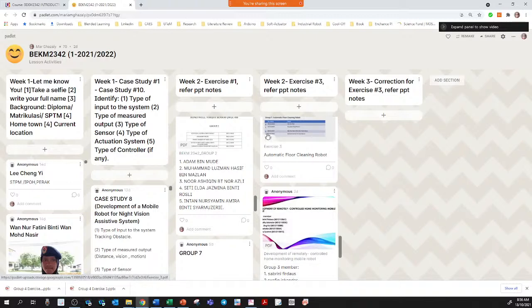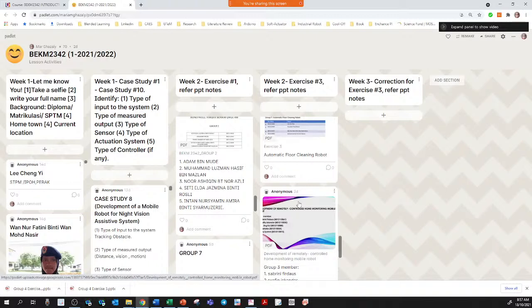So this is where you see in all the exercises. Exercise 1 is on the terminology, characteristics, and specification of sensors. Exercise 2 was on the types of sensor measurement. Exercise 3 is directly on the application.